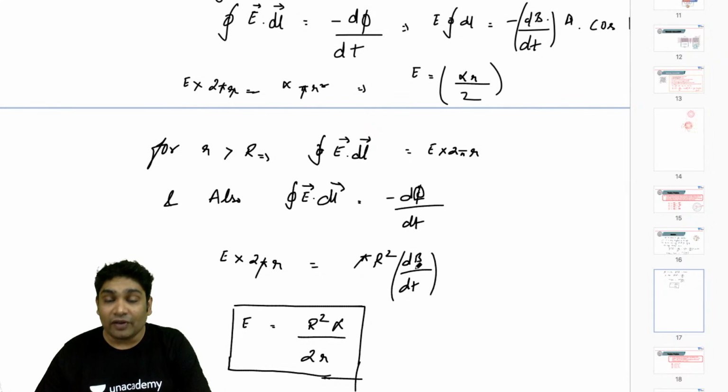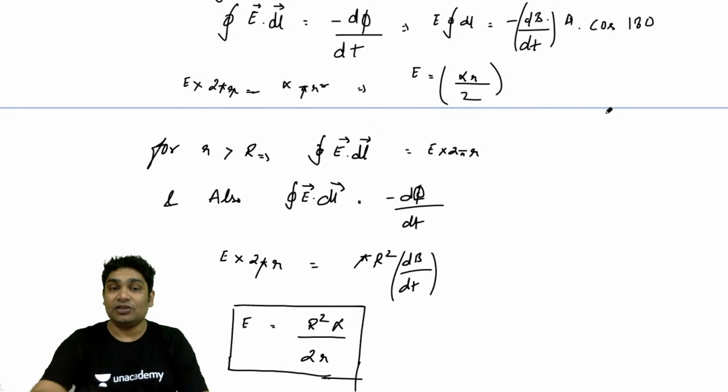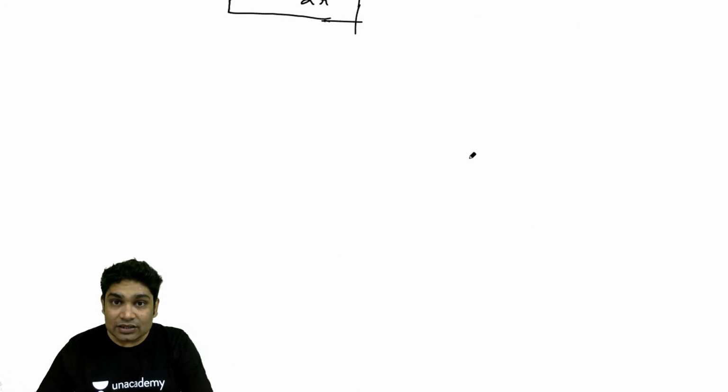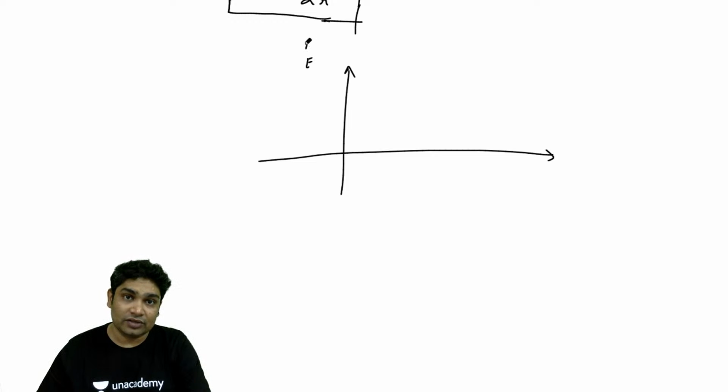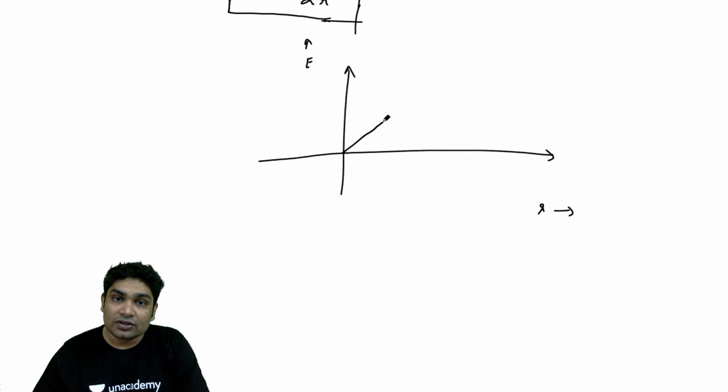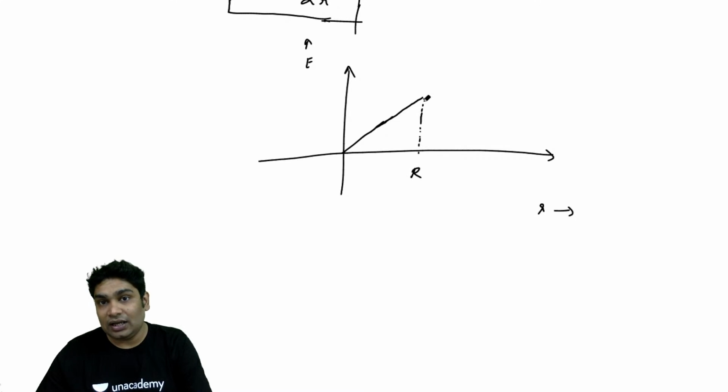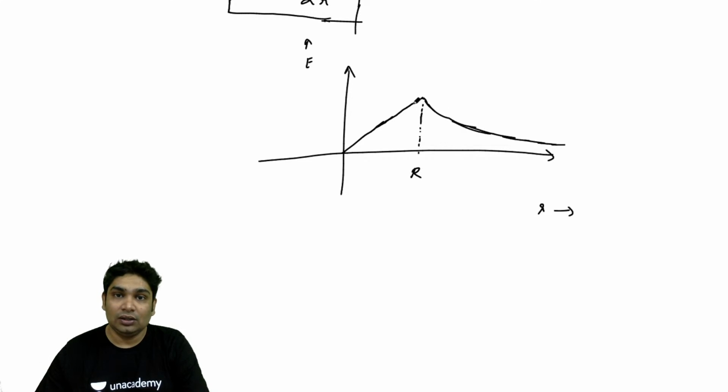Okay. So if I wanted to see the variation of E with respect to r, then let's talk about that also. On this axis, let's draw the field, and on this axis, let's have the r. You realize earlier it was a straight line increase, y equals mx kind of a function, up to r equals R. This is where r equals R, and after this, it goes down hyperbolically, like a rectangular hyperbola.